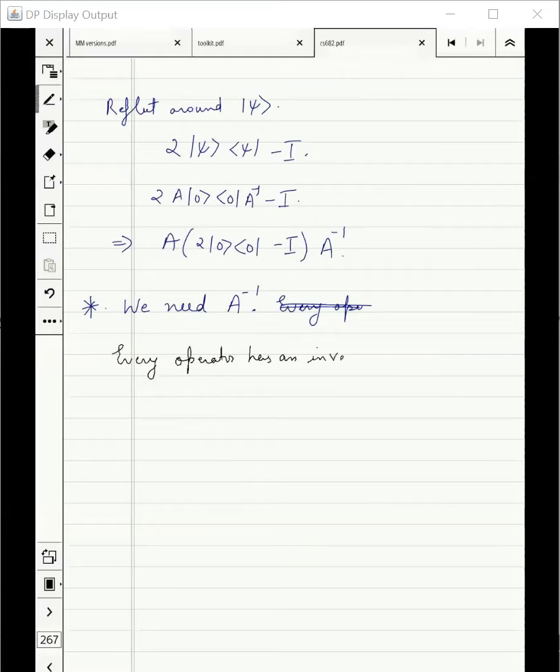In a general quantum algorithm, you can have operators and what else? Measurements. Right. This implies A should not have measurement at any stage.